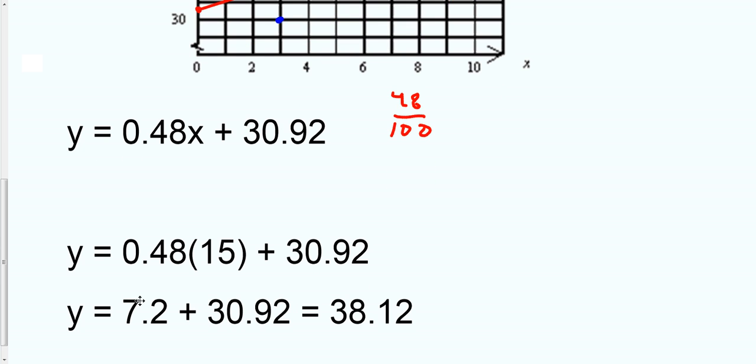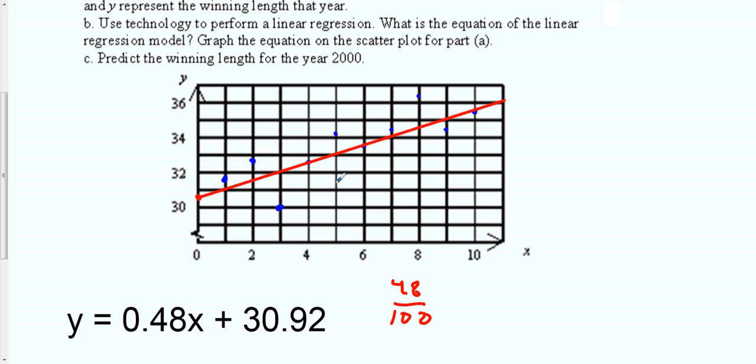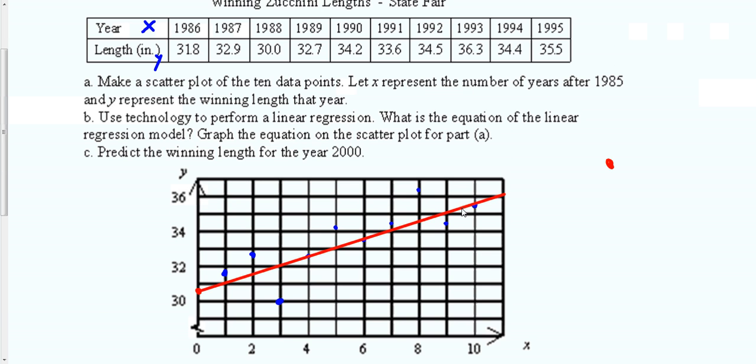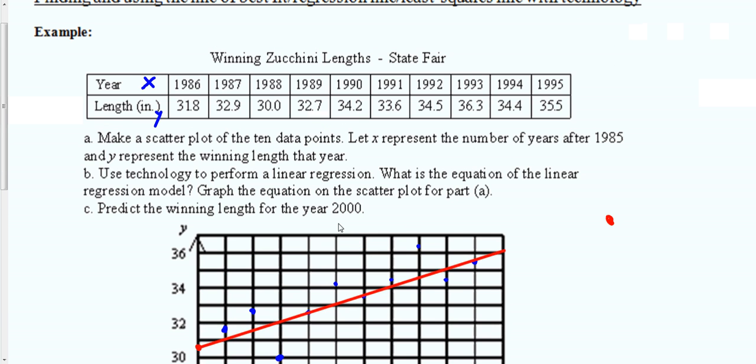This whole piece would become 7.2 plus the 30.92. So in the end, it would all come out to 38.12, which makes sense. If we were 15 years past here, we would be somewhere over here at about 38 and some extra inches there. So that would be the winning size of the zucchini at the state fair.